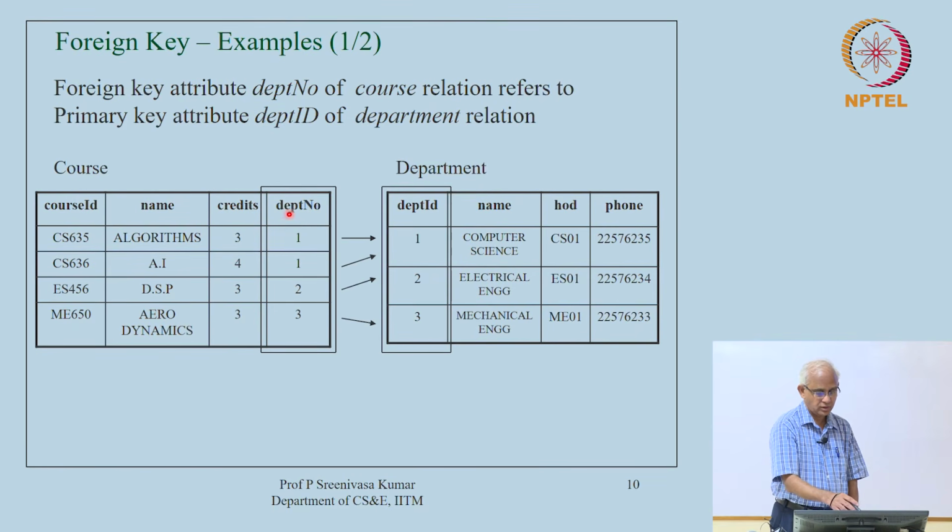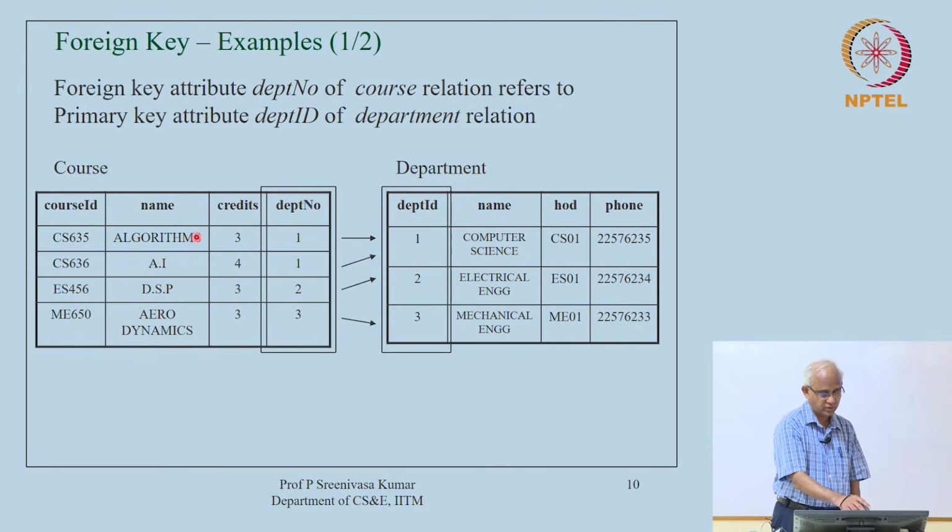Okay. Now, here is department details. The department relation has department ID, name, who is the HOD and what is the phone number, probably the office phone number, let us say. Now, here is the notion of foreign key. These values we would like to now use in order to refer to the details of the department that is offering it.